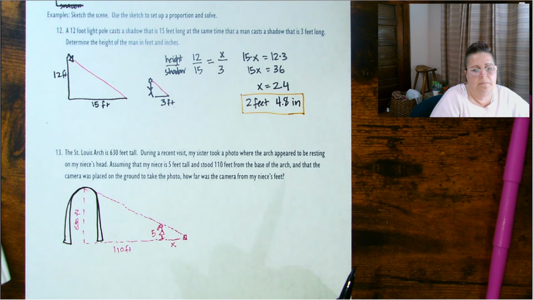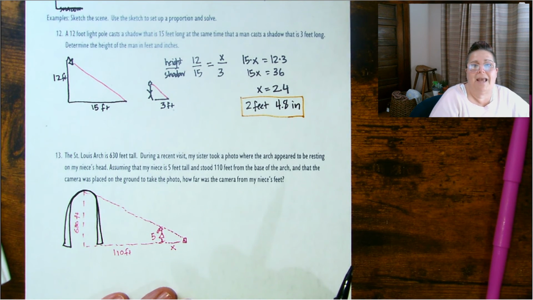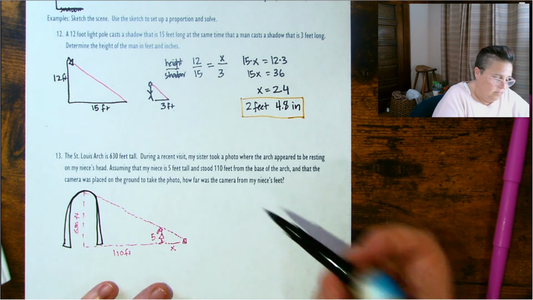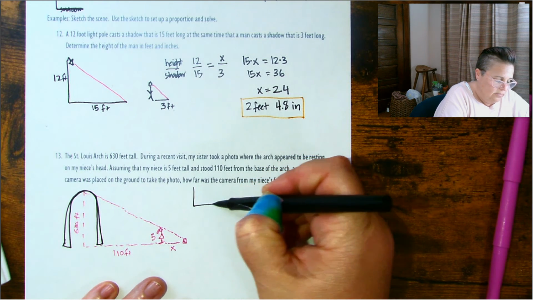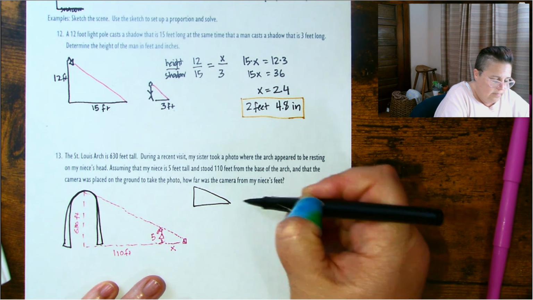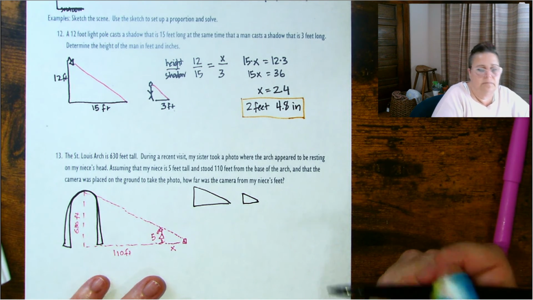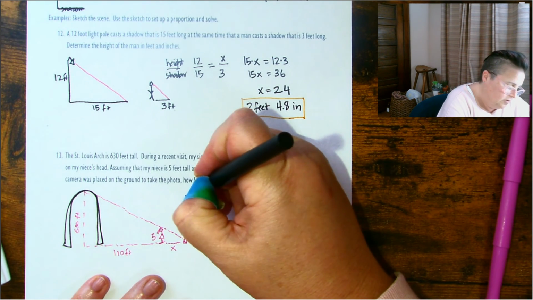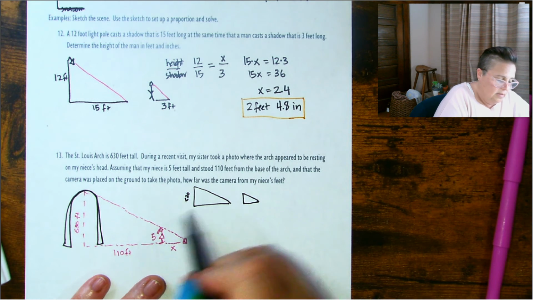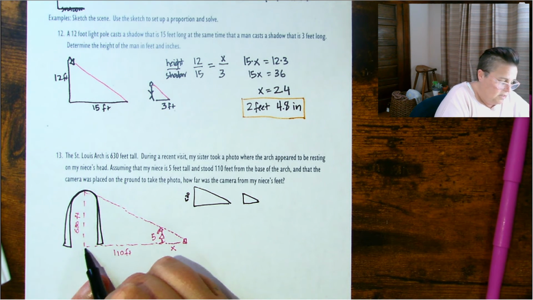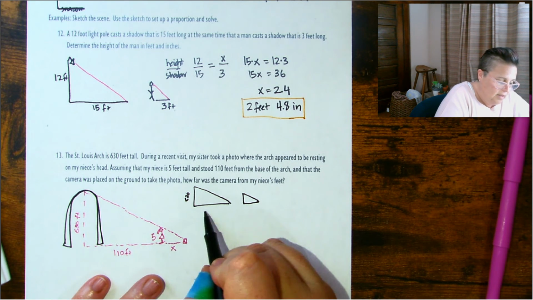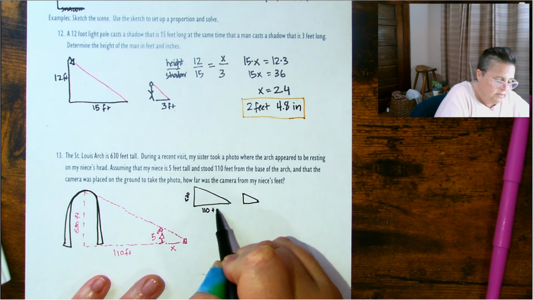Okay. This is known as an embedded triangle because there are two triangles here, but one triangle is inside the other. If this is 630 feet, then the entire length of this side is 110 plus x.